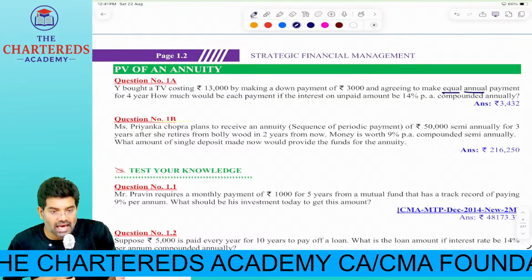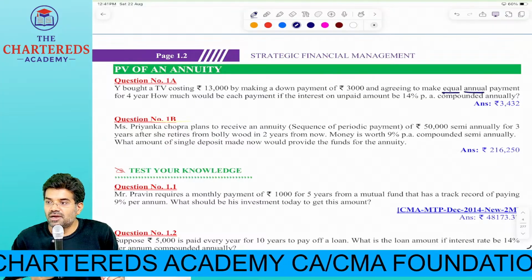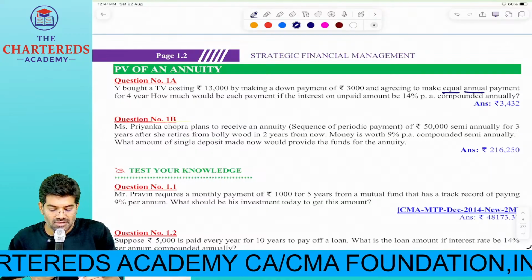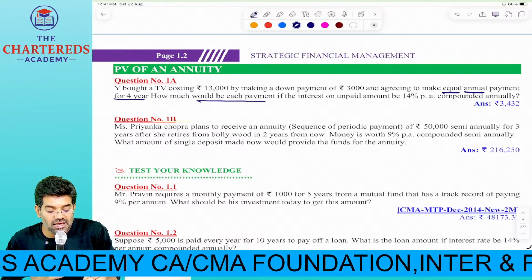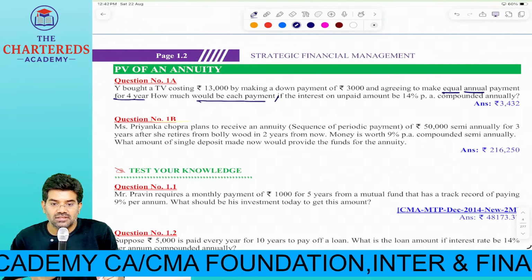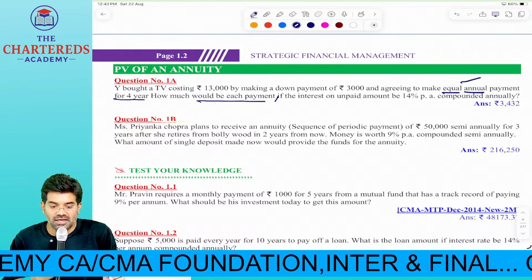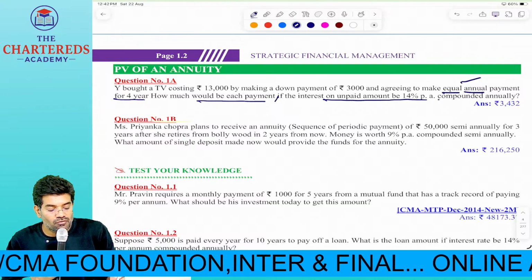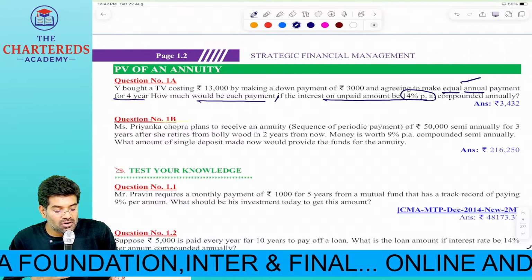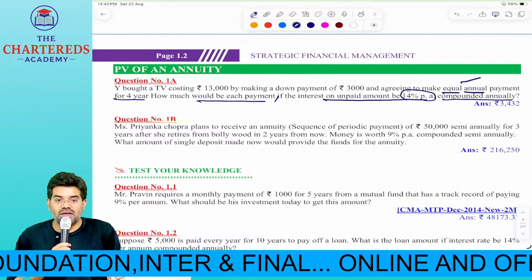Equal annual installment he would like to pay, for 4 years. How much would be each payment? Installment payment, that is. If the interest on unpaid amount be 14% per annum compounded annually.